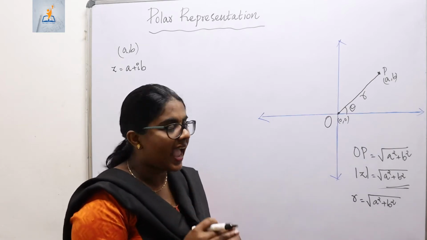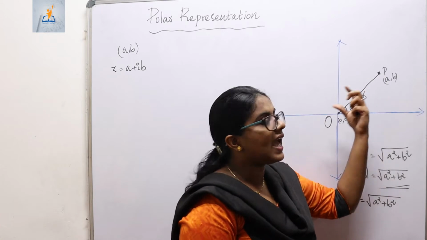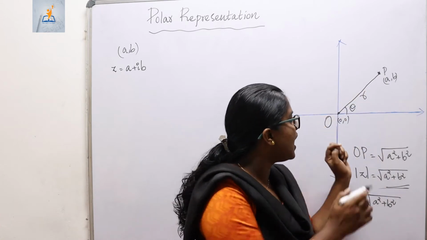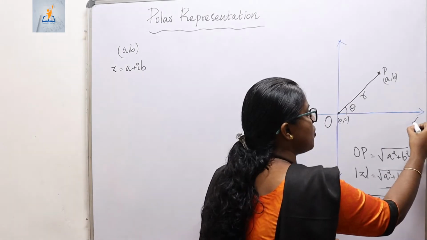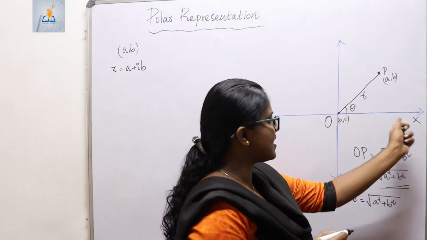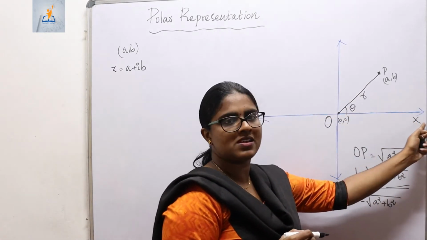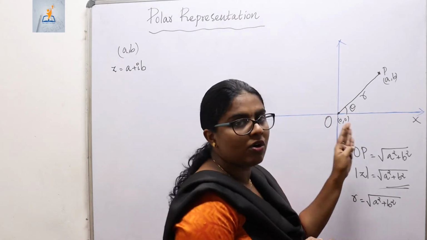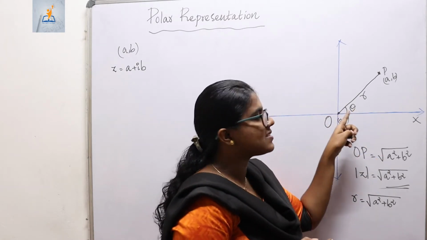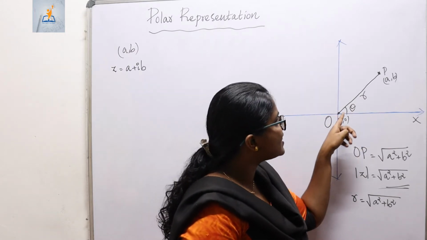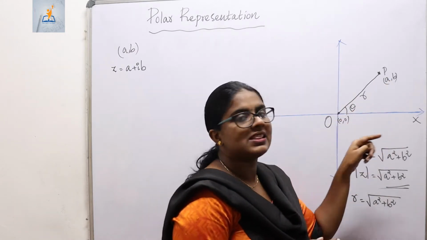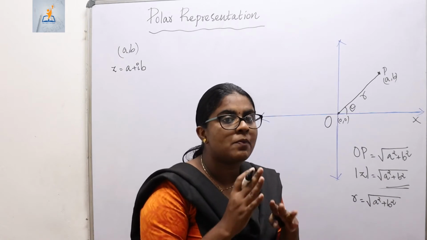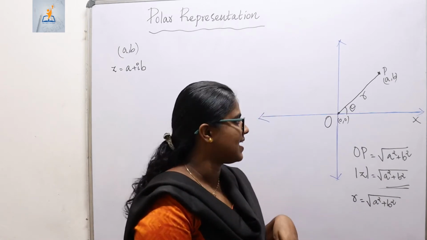Theta is the angle made by the line OP with the positive direction of x-axis. This is x-axis and this is the positive x-axis and this is negative x-axis. So theta, always remember that theta is the angle made by the line segment with the positive direction of x-axis.